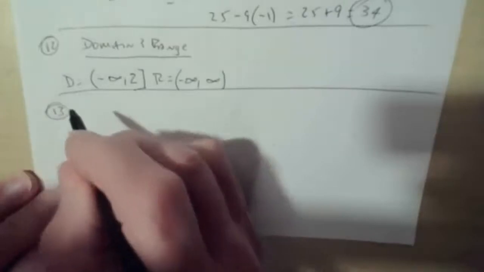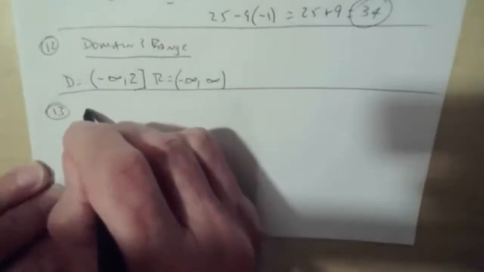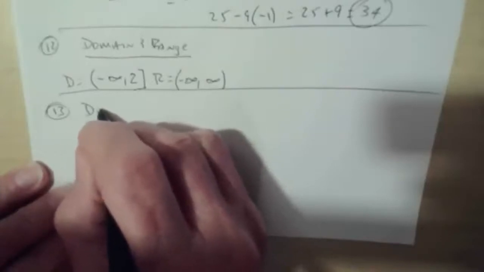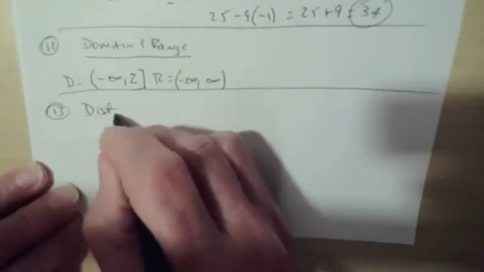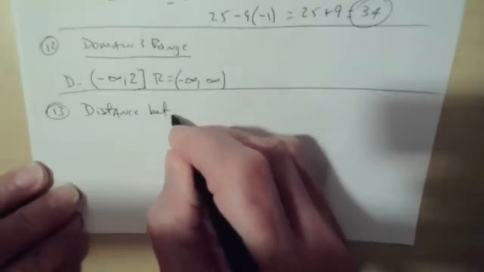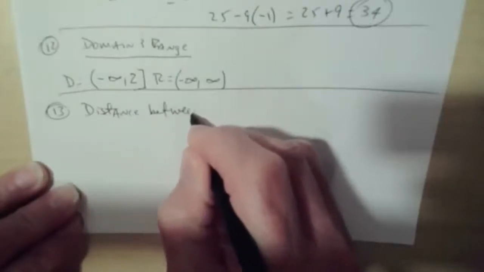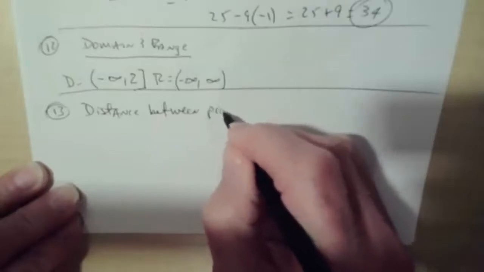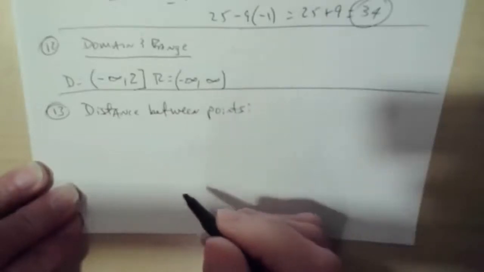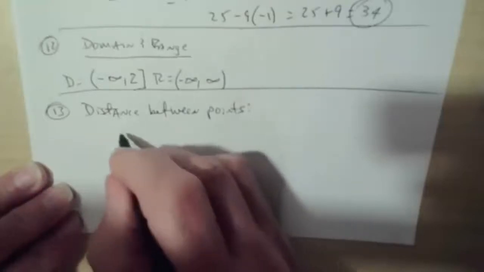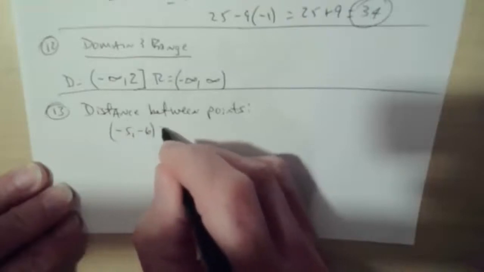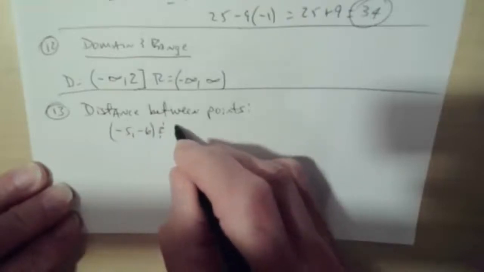Okay. We want to find the distance between the points -5, -6, and 2, 4.